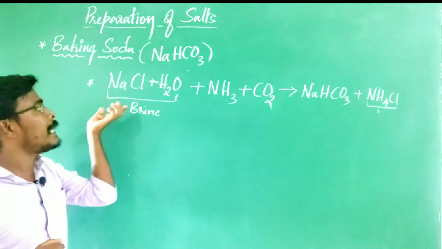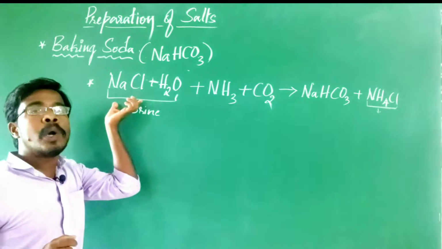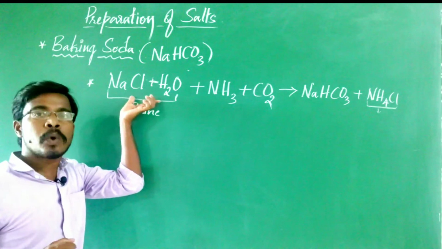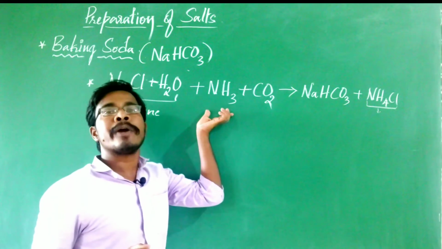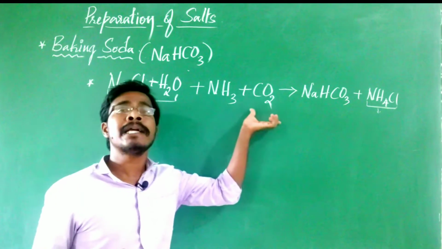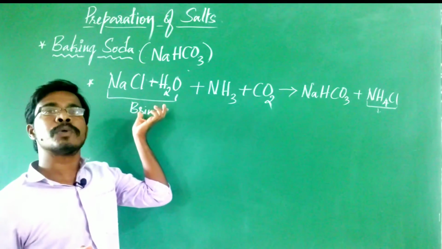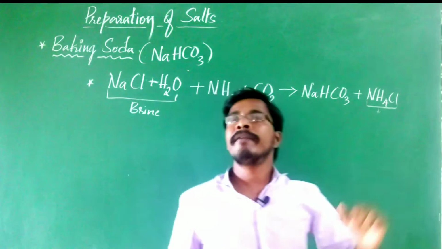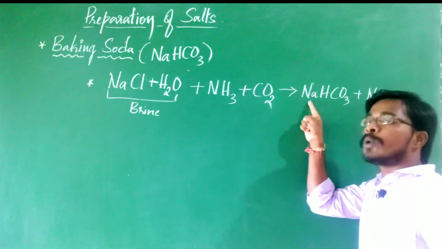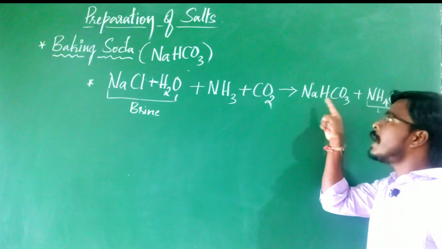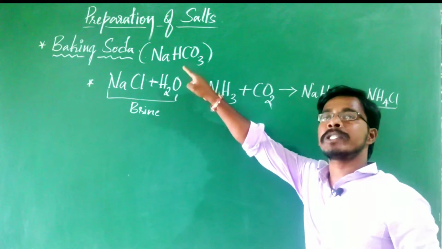Again I am repeating: a cold, concentrated sodium chloride solution is taken. To that solution we pass ammonia gas and carbon dioxide gas. When both react with the sodium chloride solution, we get sodium hydrogen carbonate, or sodium bicarbonate, which is commonly called baking soda.